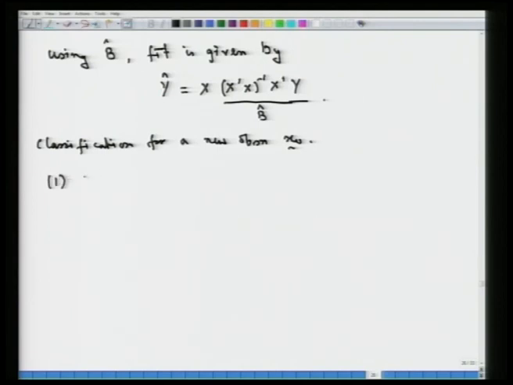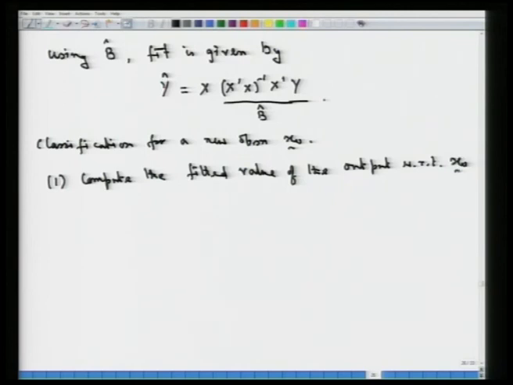In step 1, we compute the fitted value of the output, with respect to this x naught variable.